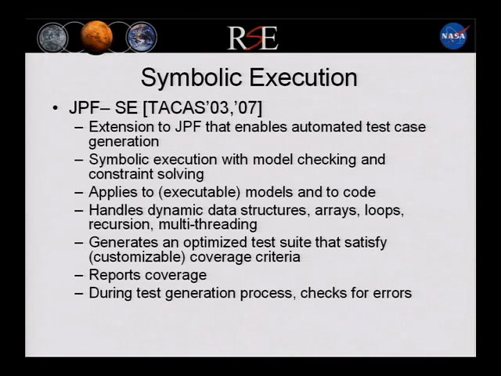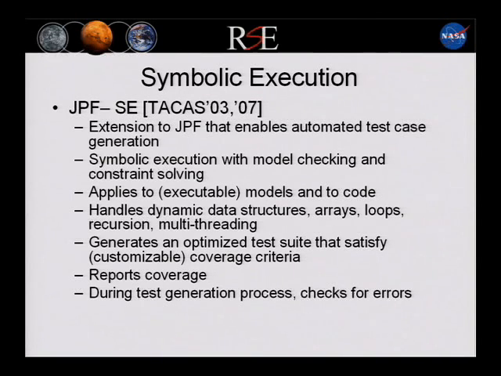And basically, for test case generation, we combine symbolic execution with model checking and constraint solving. And this extension applies both to executable models and to code. And it handles dynamic data structures as inputs, also arrays, loops, recursion, multithreading, and so on.